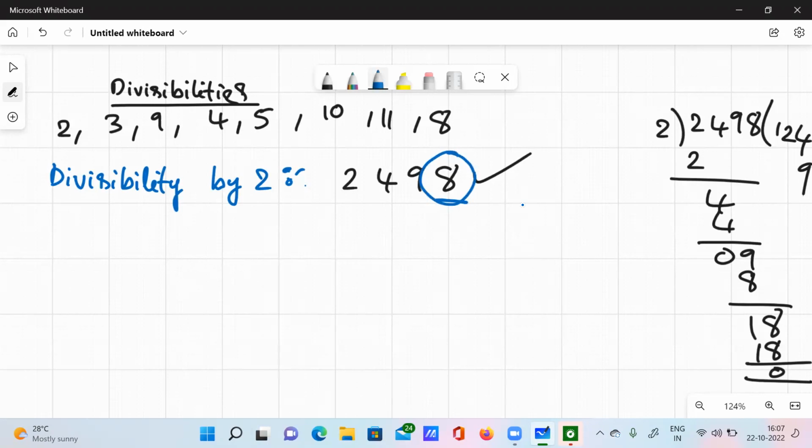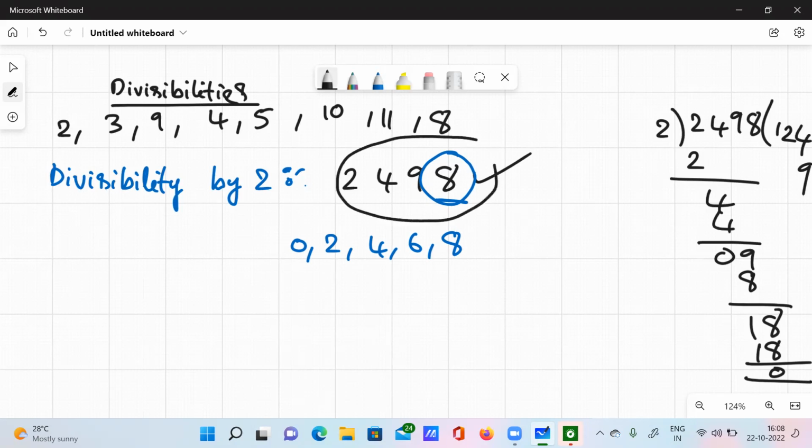If the units place of any number has 0, 2, 4, 6 or 8, then you can surely say that this entire number is divisible by 2. You can say that only if its units place has these numbers.